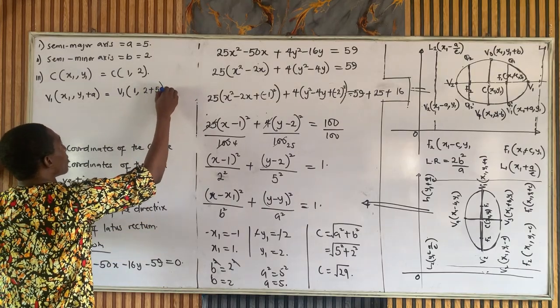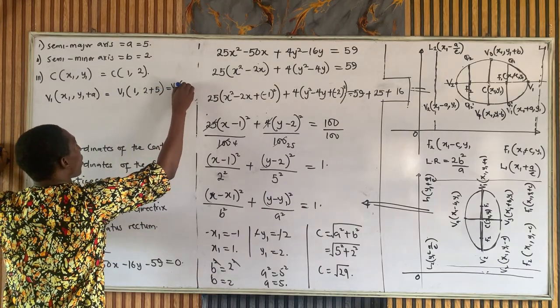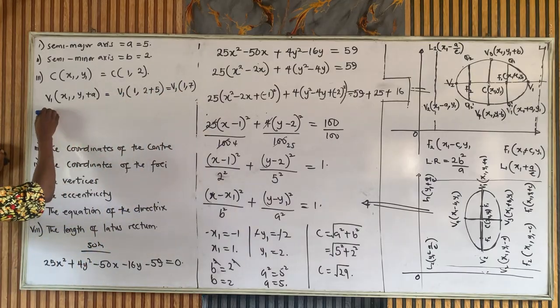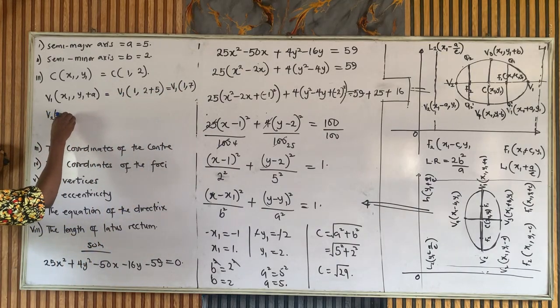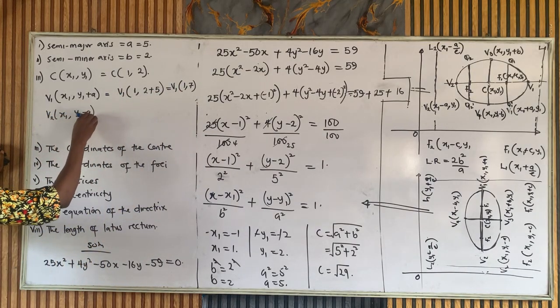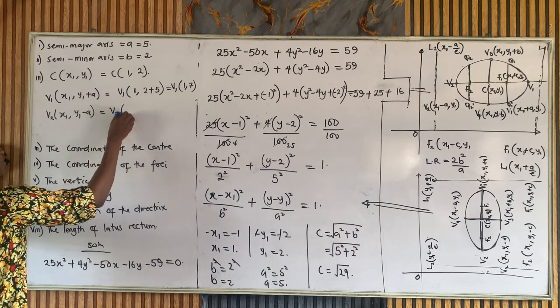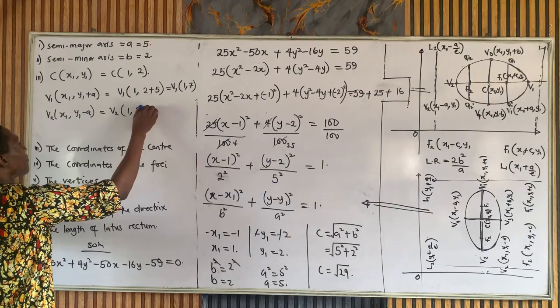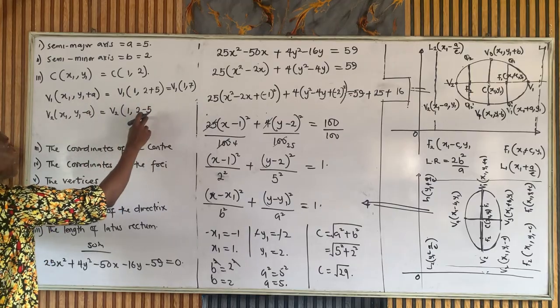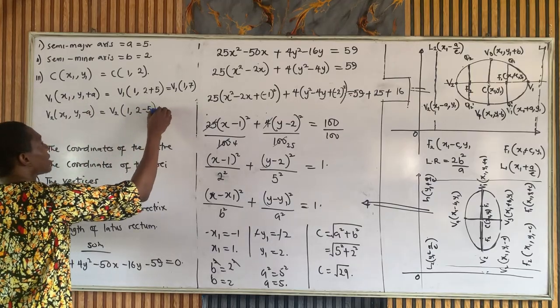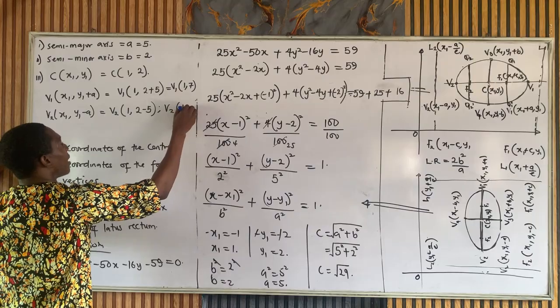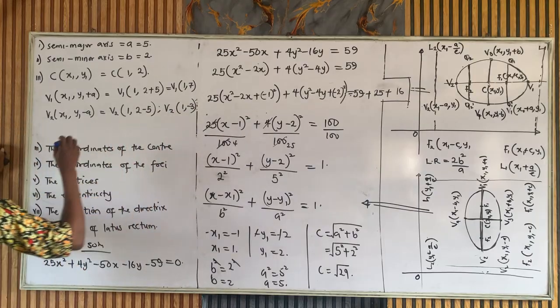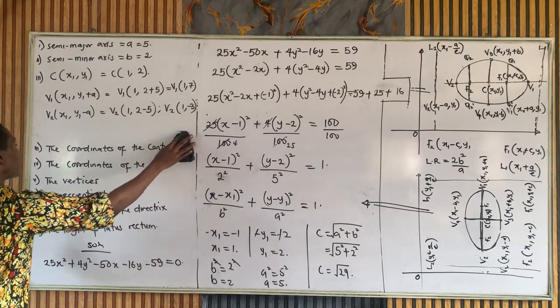So that will be v1 being 1, 7. Now our v2, which is x1, y1 minus a. That will be v2. Our x1 is 1, 2 minus 5, because y1 minus a. And that will give us our v2 being equal to 1, minus 3. That's good to go.